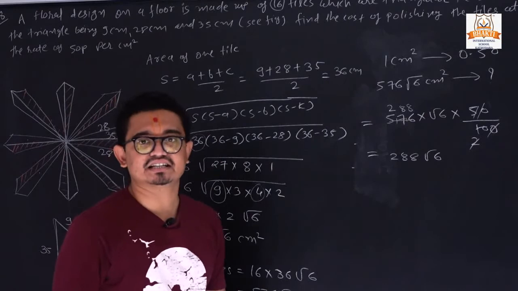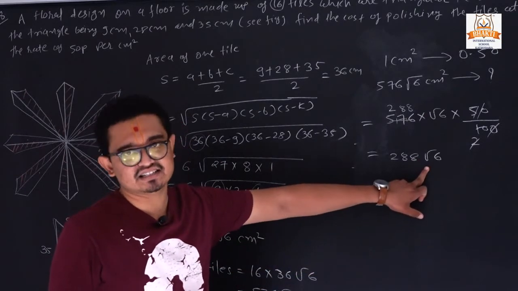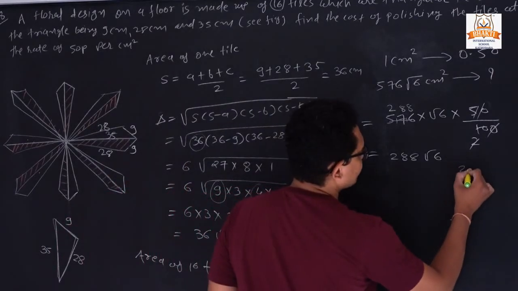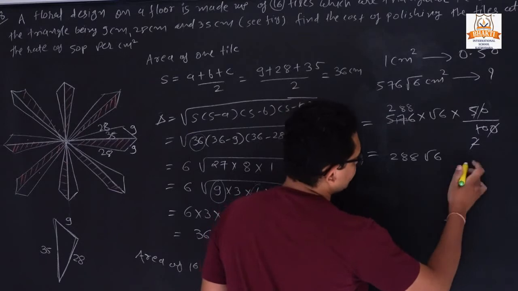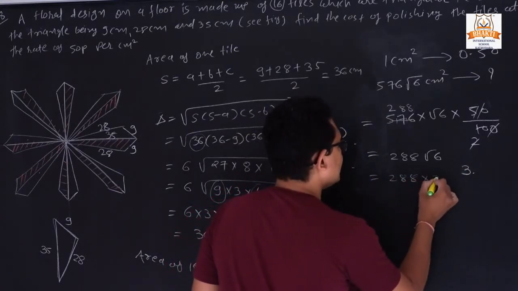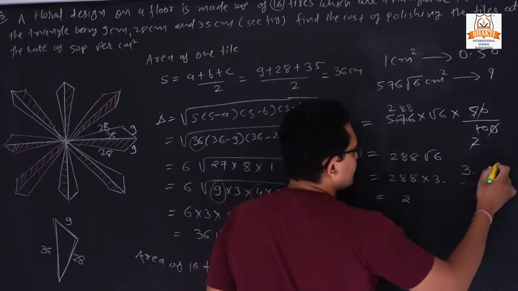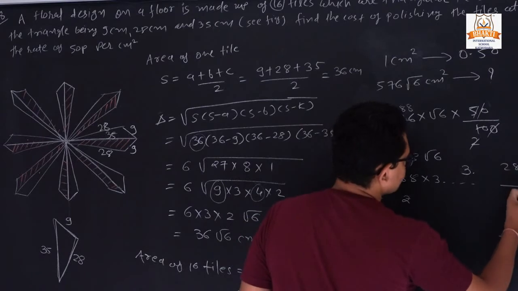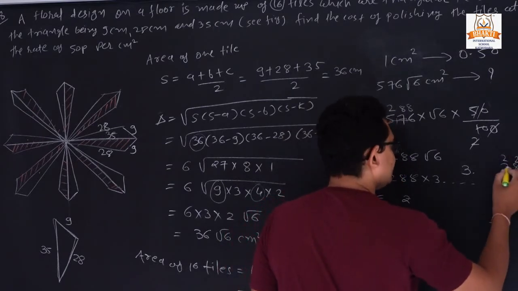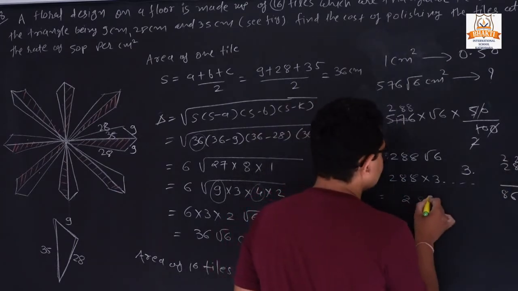288 into root 6. But if you take the value of root 6 in a scientific calculator, its value is approximately 2 point something. Sorry, 2.4 something. So 288 into 2.4 approximately. So we can give the answer approximately.